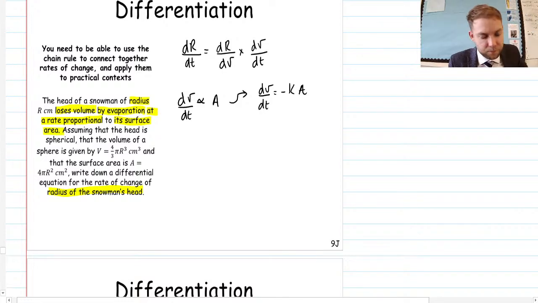Yeah, that's right. So that's our starting point here.